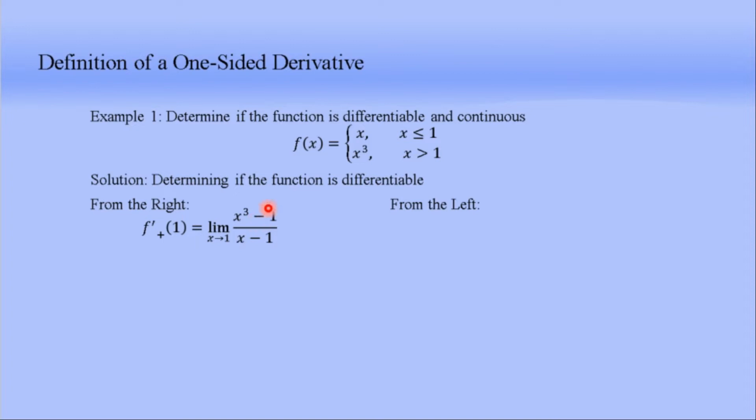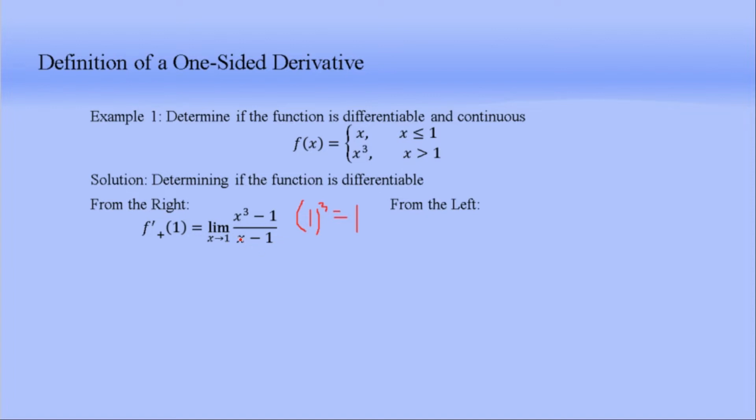x cubed minus 1. So where did we get 1? How do we know that f of 1 is 1? What we do is substitute x with this value: 1 cubed, which equals 1. So minus 1.